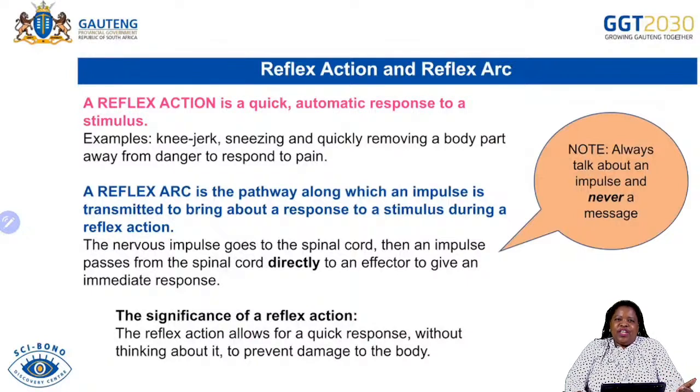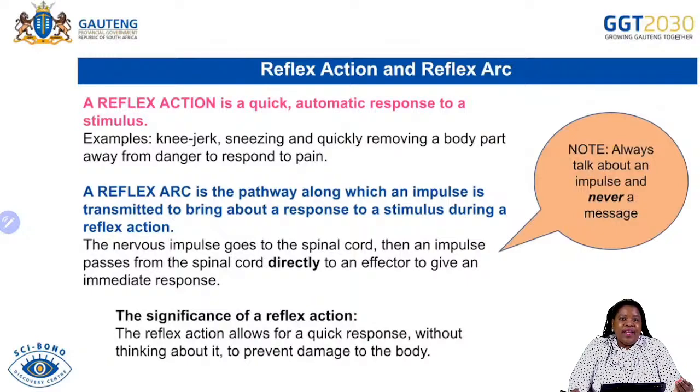You can jerk your knee. That action is automatic. Also, we have an example of sneezing. When you sneeze, you don't sneeze by will. You don't choose to sneeze, but it happens. That can happen automatically.